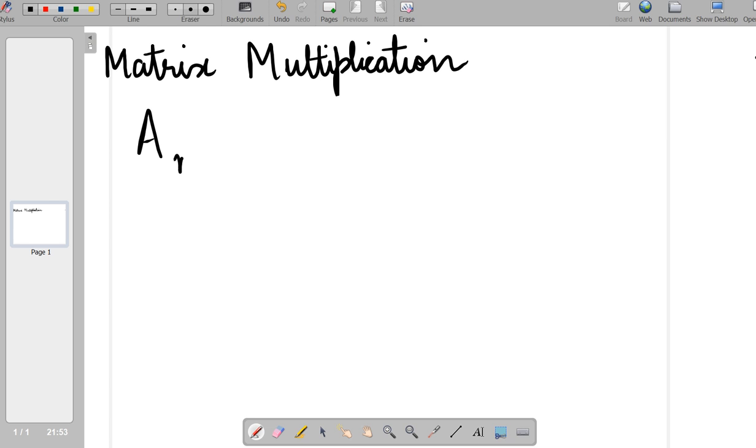Suppose I have a matrix A of order m by n, and a second matrix B of the order n cross o.